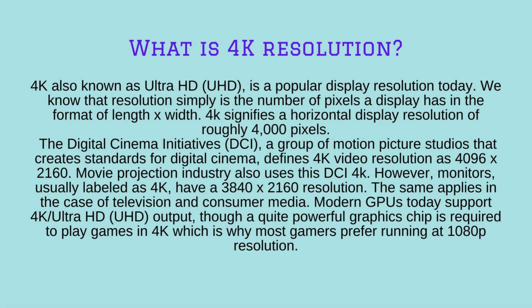The Digital Cinema Initiatives, DCI, a group of motion picture studios that create standards for digital cinema, defines 4K video resolution as 4096 times 2160. The movie projection industry also uses this DCI 4K.